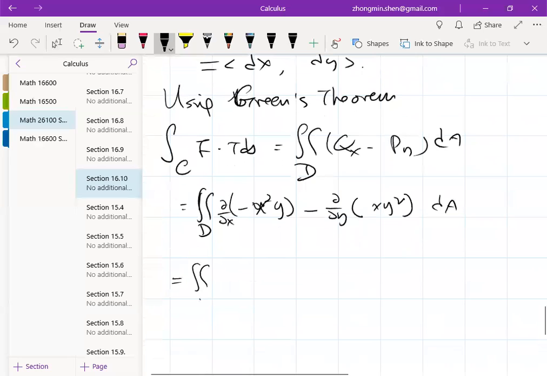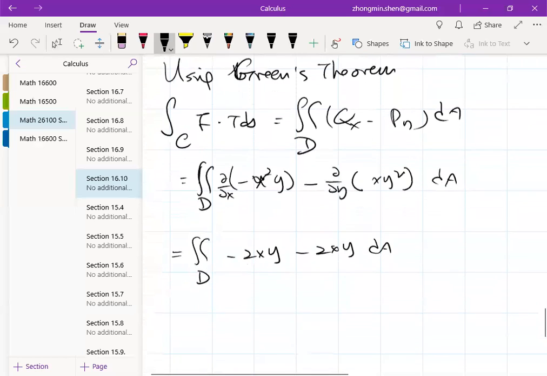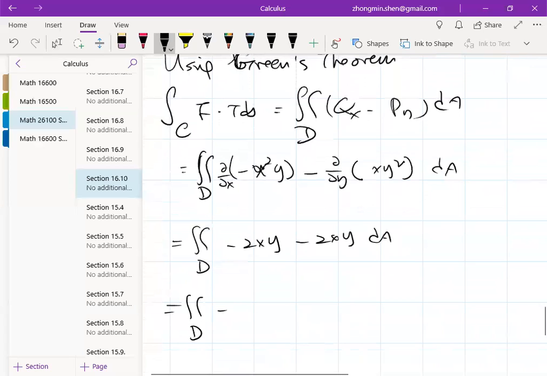We will get negative 2xy here, negative 2xy here. So just negative 4xy. Now, the next step is just to evaluate the double integral.